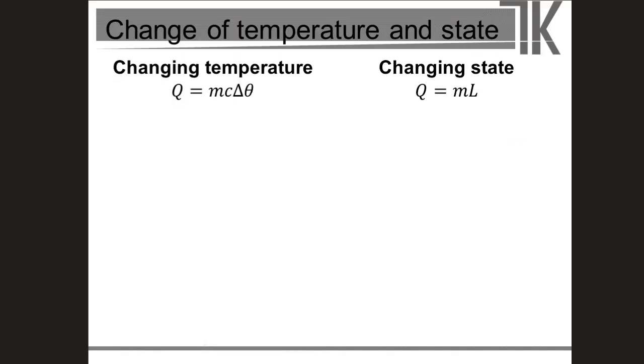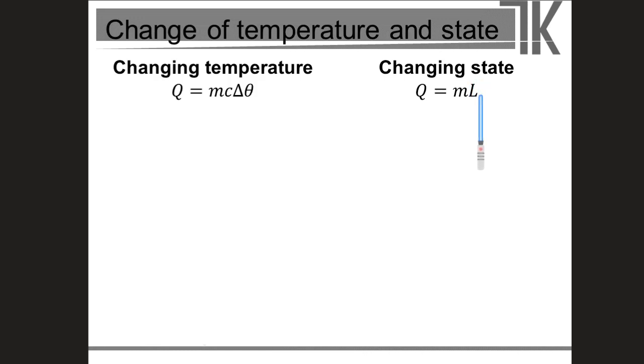So we've already dealt with these two equations, changing temperature, Q equals mc delta theta, and changing state, Q equals ml. Now notice that both of them have a Q. That is the energy added for both of those equations. Both of them have an m. That is the mass of the system that we're dealing with. c is our specific heat capacity of our system, and delta theta is the temperature change, remember final minus initial, that system is undergoing.